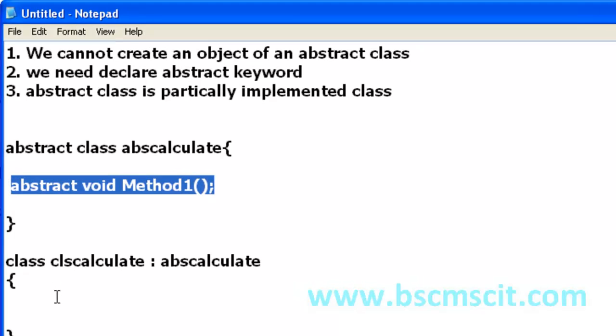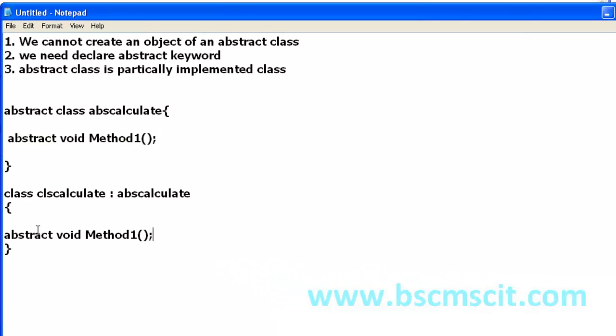So it will be like this. Now the abstract keyword is overridden in the derived class, and method1 can provide implementation now because this abstract method is being overridden in the derived class.